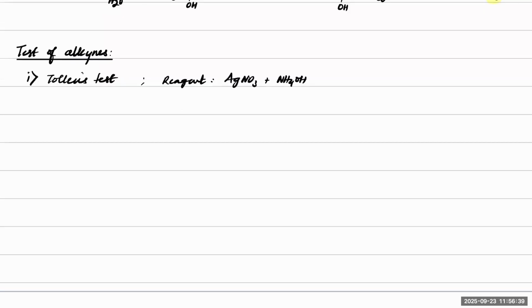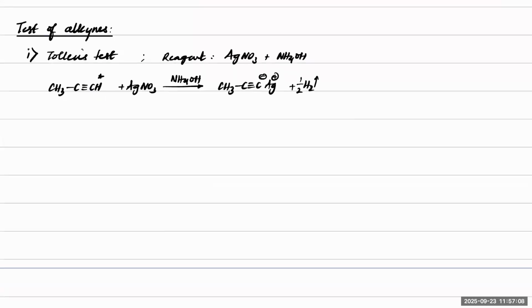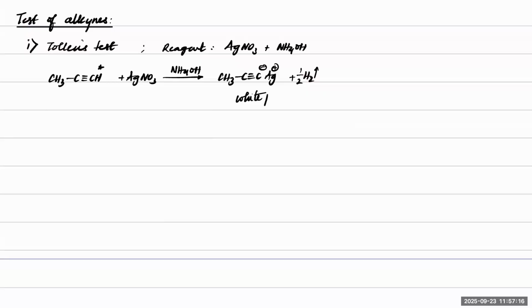It is only for terminal alkynes. When CH3C triple bond CH reacts with AgNO3 in the presence of NH4OH, it converts into a silver salt plus half H2. What we get here is a white precipitate.